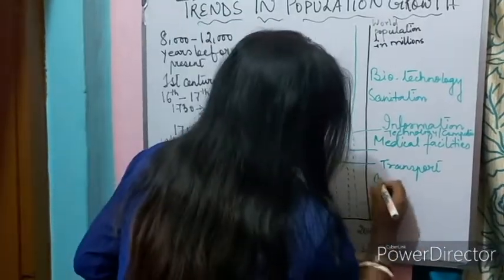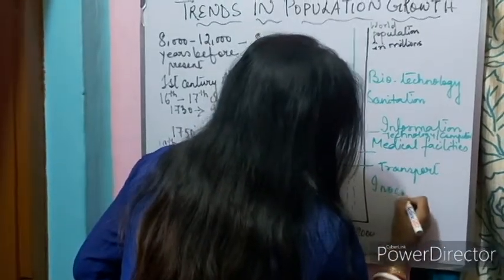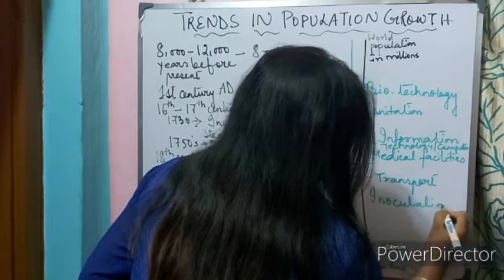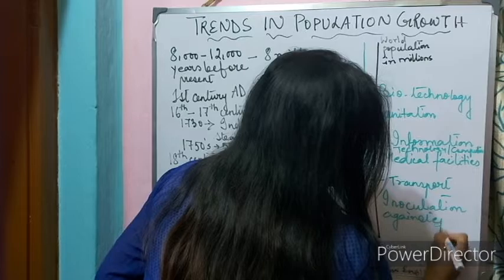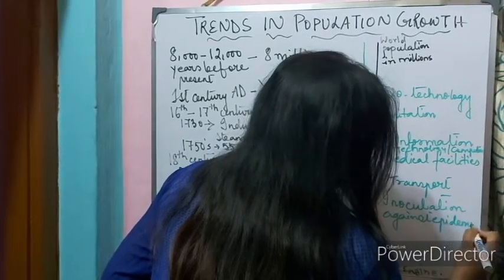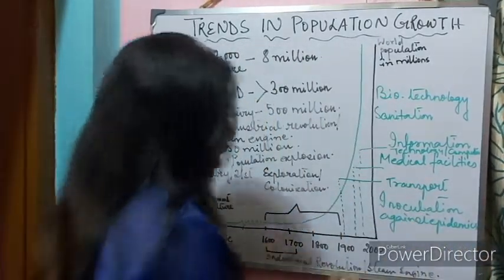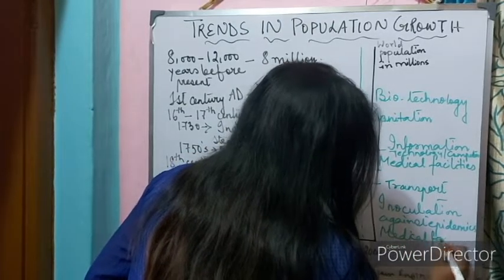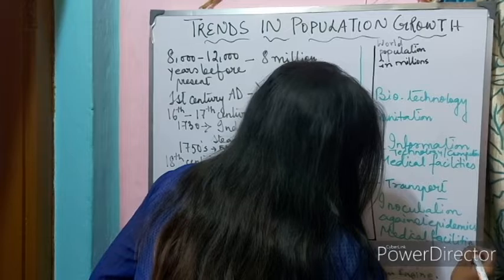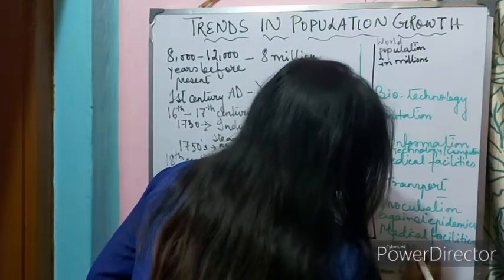There was inoculation against epidemics and many communicable diseases, because now we have vaccines. Our medical facilities improved and sanitation improved.